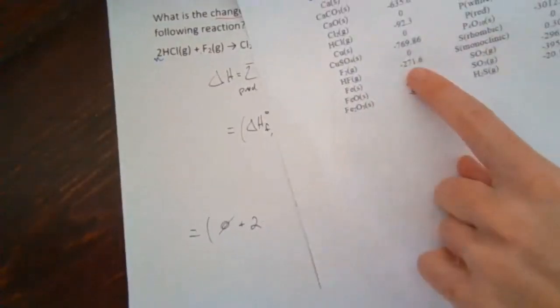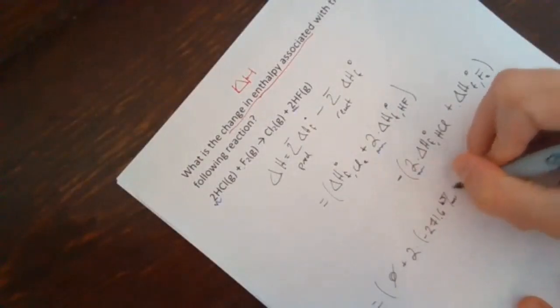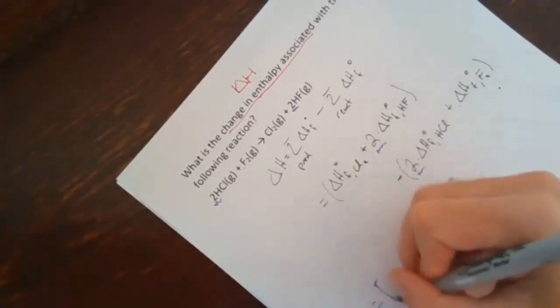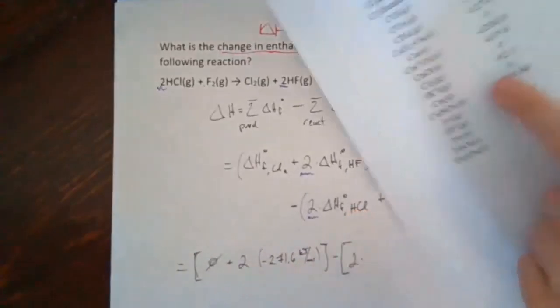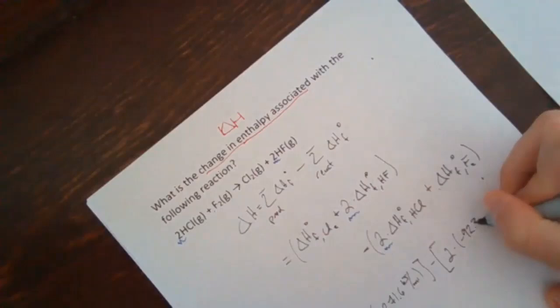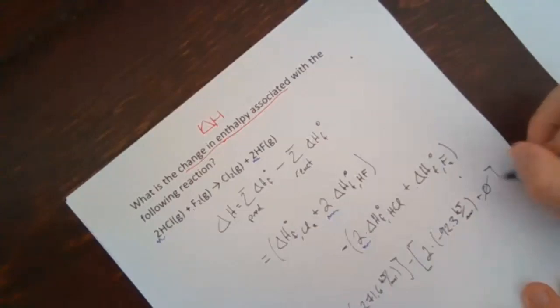The HF value is negative 271.6 kilojoules per mole, square brackets, minus 2 times the HCl. That's negative 92.3 kilojoules per mole. And because fluorine is again elemental, that one is 0.